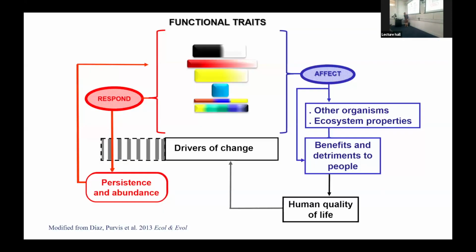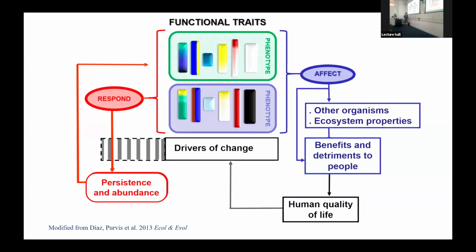So when all these functional traits get packaged together into whole body phenotypes, they don't do so in orthogonal or random combinations. There should be a limited number of successful combinations of these fundamental traits.